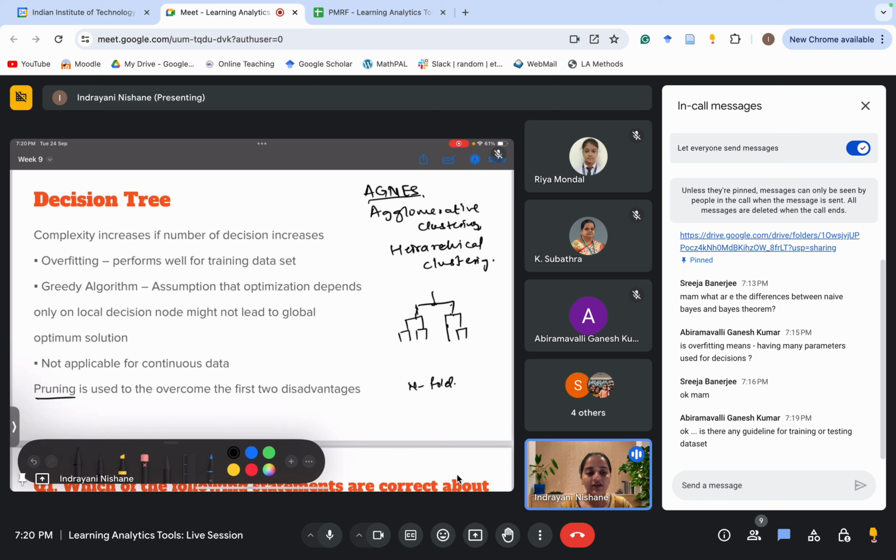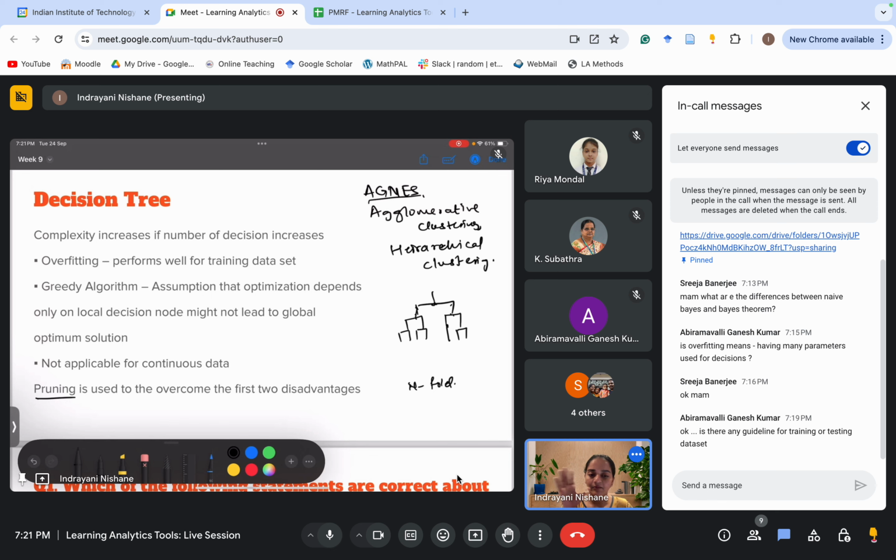In n-fold testing, data is divided into n equal parts, and one part is reserved as a testing data set, and the rest of it is used as a training data set. So if I'm using threefold testing, then I will divide my data set into 3 equal parts. One part I will keep reserved, and I will train my model on 2/3 of the data set and test it on that 1/3.